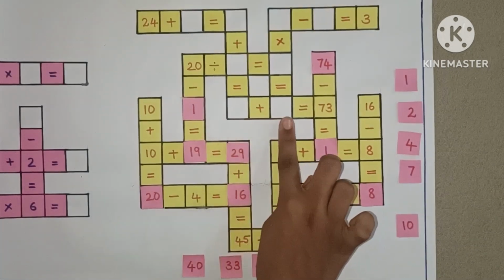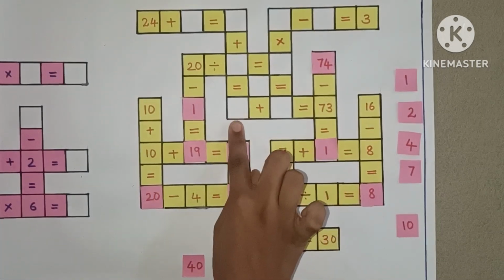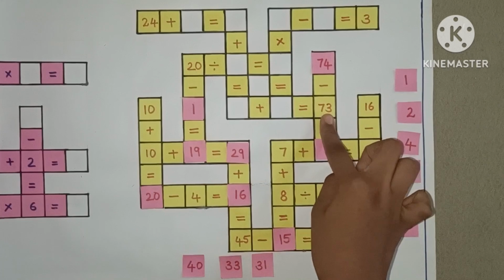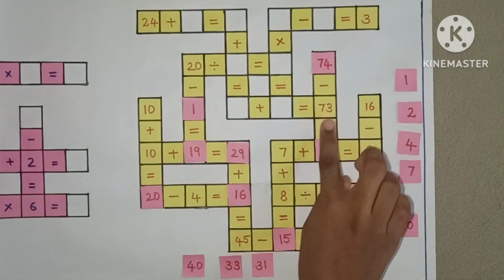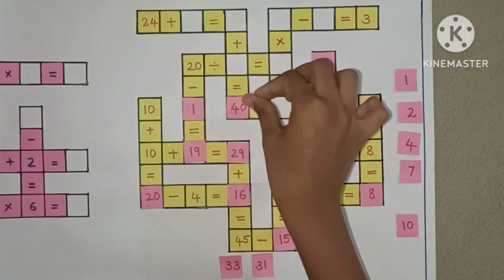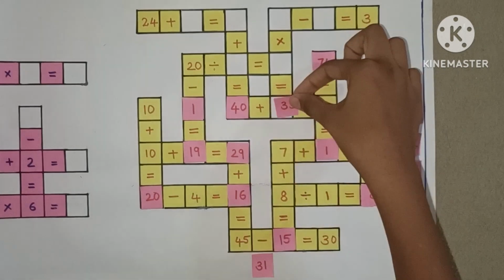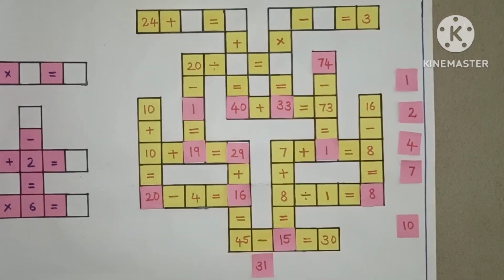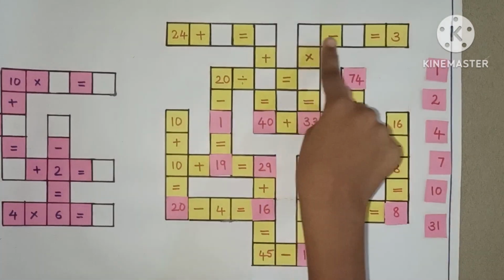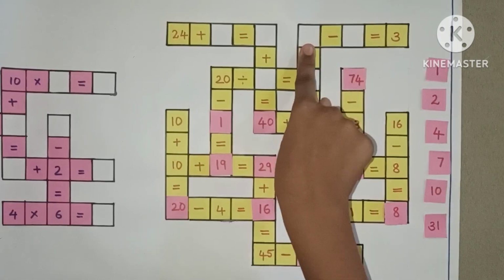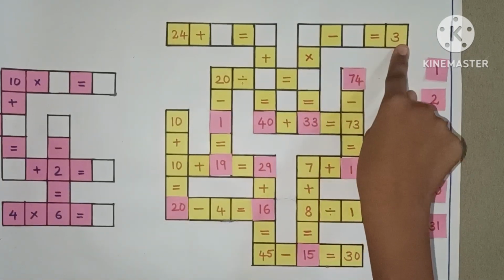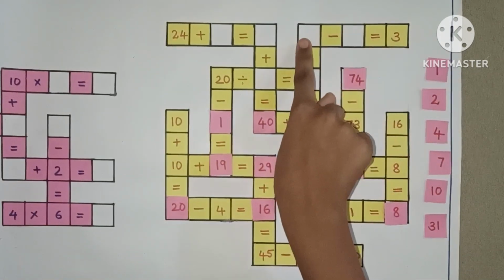Then we can think which numbers are suitable for this place. Dash plus dash equal to 73. 40 plus 33 equal to 73. Then we can think which numbers are suitable for this place. Dash minus dash equal to 3.